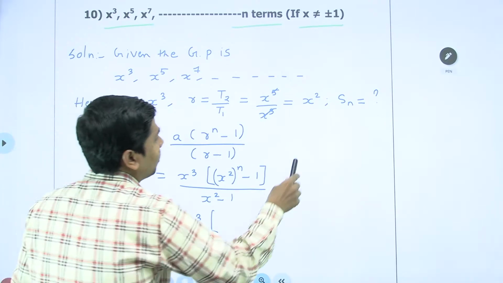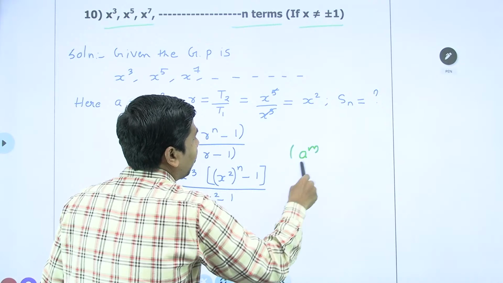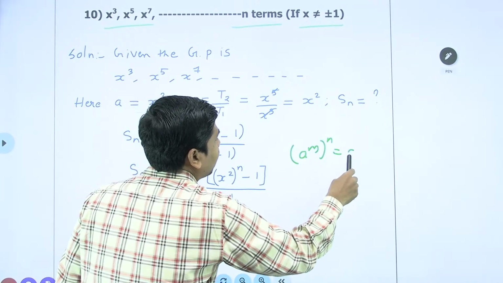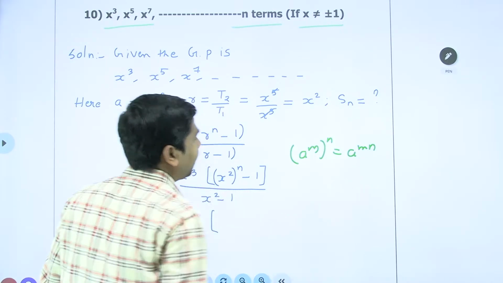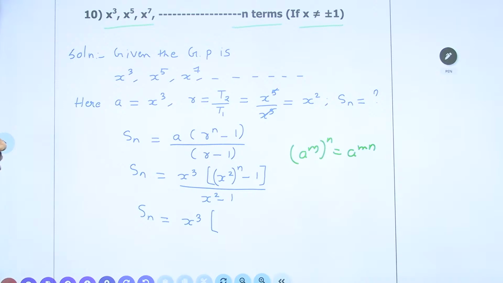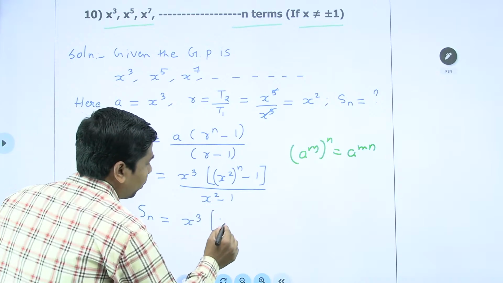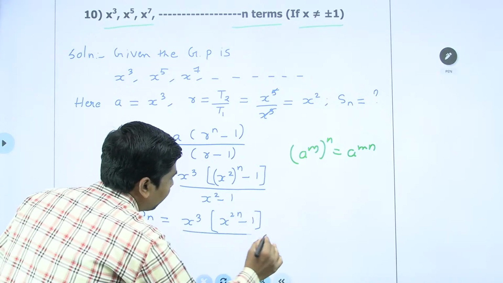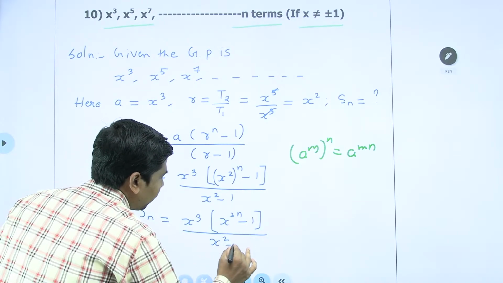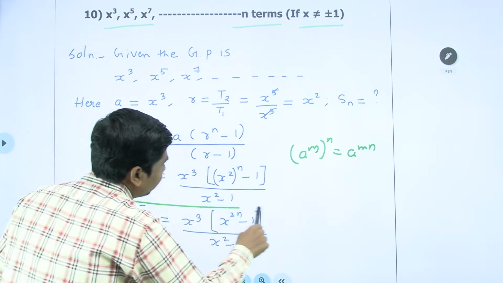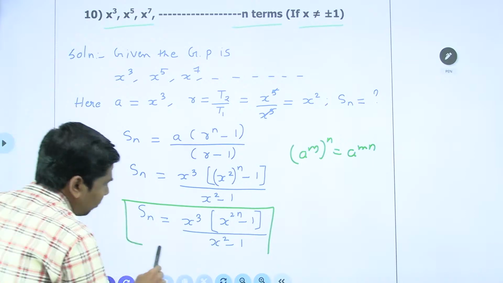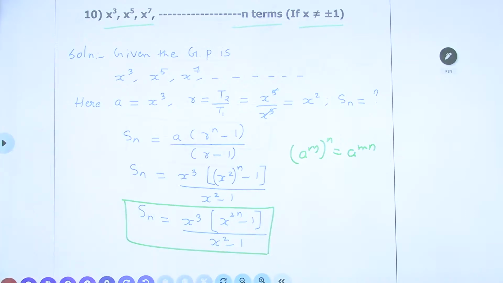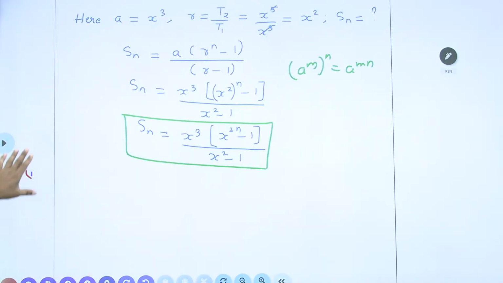We can write a power m whole raised to n as a raised to mn, right? So this we can write as x power 2n minus 1 divided by x square minus 1.